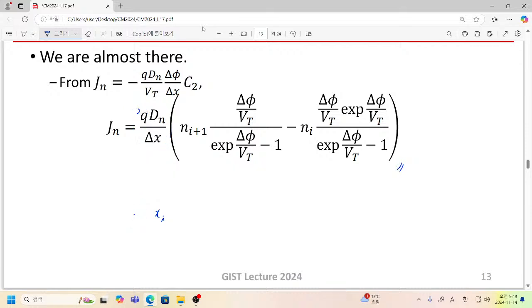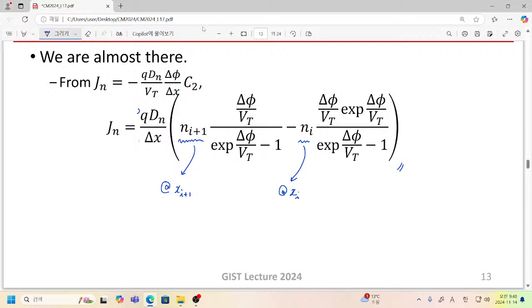The point is, now you have this term. Here you have the electron density at x sub i plus 1, and here you have the electron density at x sub i.